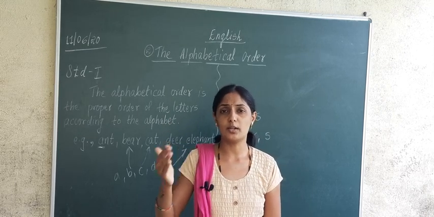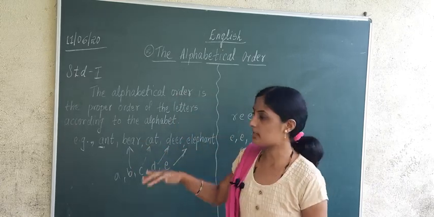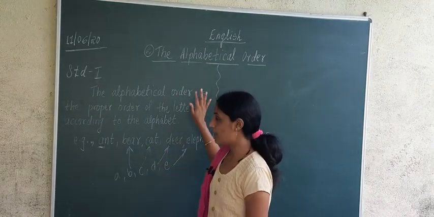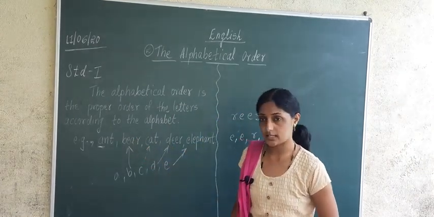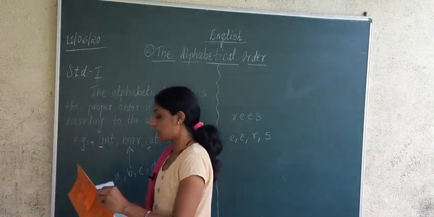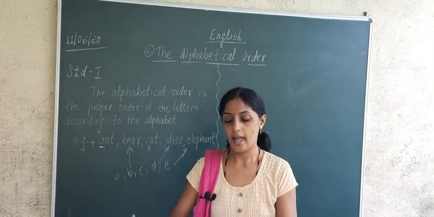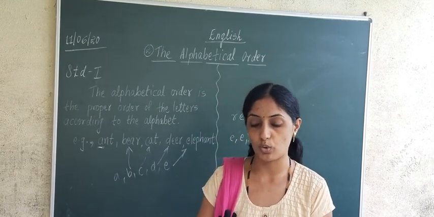Then after 1 what is there? 2 is there. After 2 what is there? 3 is there. In the same way as it is in numbers, in the same way in alphabets also, letters are in series or letters are in order. Okay. Now some examples are given in your book here. Question is asked. Arrange the letters in the order of alphabet as shown.